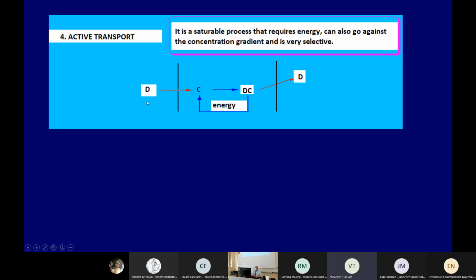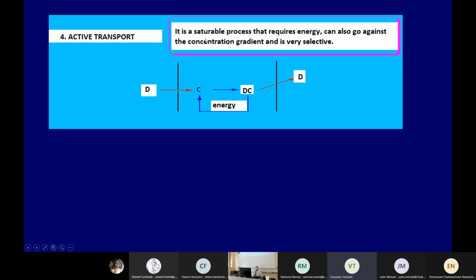And finally, there is the active transport. In this case, it's possible to reach a higher concentration of your drug inside the cell because there is a carrier, a transport system able to take the molecules of your drug from outside and to transport them to inside the cell.